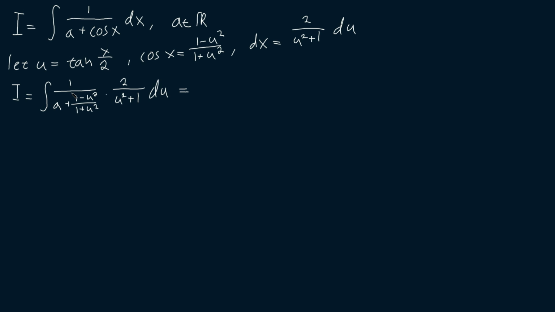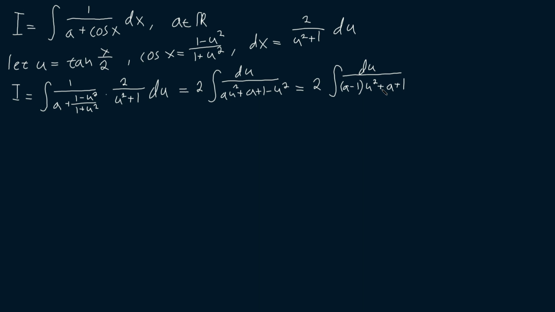Then let's take the 2 to the front and multiply the denominator by u squared plus 1 to get 2 times the indefinite integral of du over au squared plus a plus 1 minus u squared. And this is then equal to 2 times the indefinite integral of du over a minus 1 times u squared plus a plus 1.